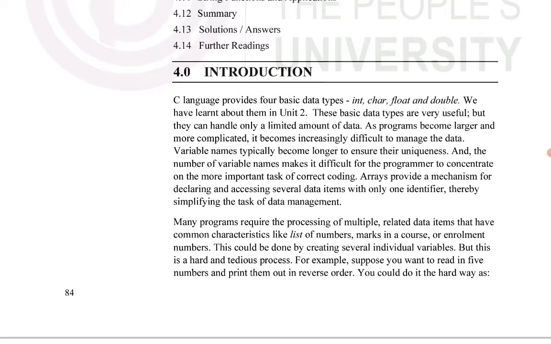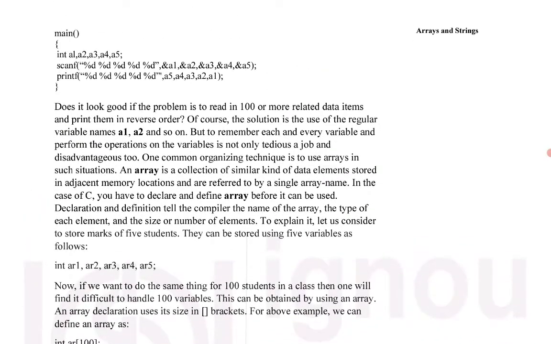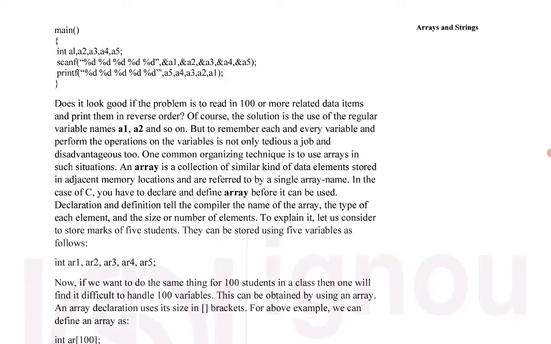For example, here is a simple program: main, int a1 a2 a3 a4 a5, scanf within quotes %d %d %d %d, comma, ampersand a1 ampersand a2 ampersand a3 like that, and printf within quotes %d like that.